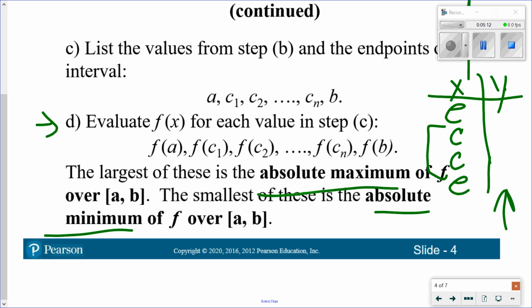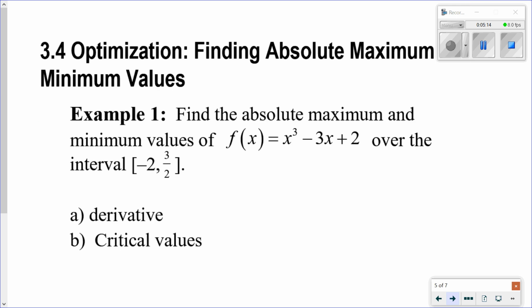Okay, so let's go ahead and look at that. So here we have one where we want to find the absolute max and absolute min of this function over the interval. So we want the maximum of this function over the interval from -2 to 3/2 or 1.5.